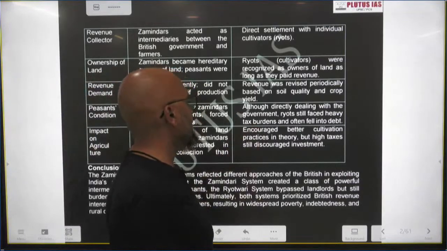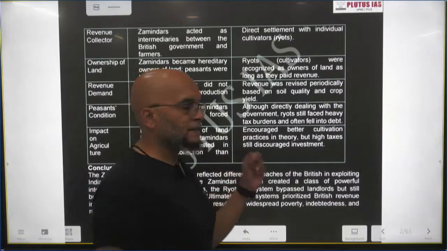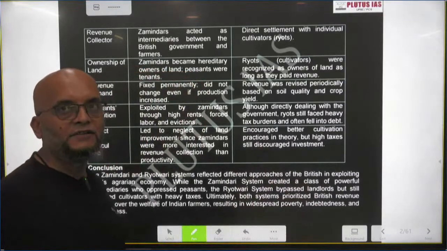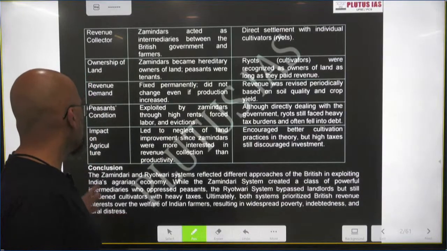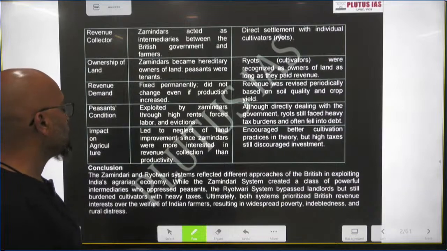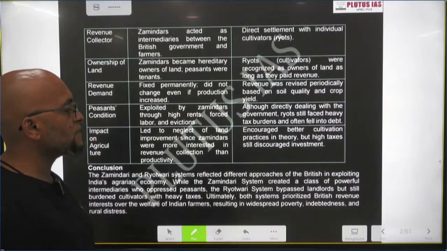Whereas Ryotwari encouraged better cultivation practices in theory, but high taxes still discouraged investment. So these were the differences that you could have written under the Zamindari and Ryotwari systems. Conclusion: the Zamindari and Ryotwari systems reflected different approaches of the British in exploiting India's agrarian economy. While the Zamindari system created a class of powerful intermediaries who oppressed peasants, the Ryotwari system bypassed landlords but still burdened cultivators with heavy taxes.